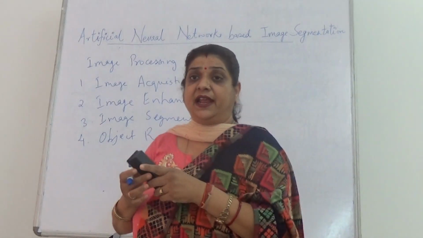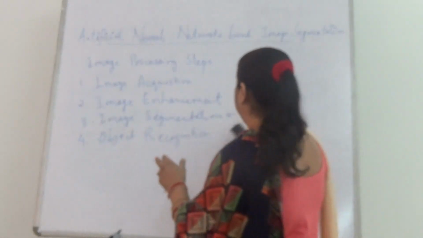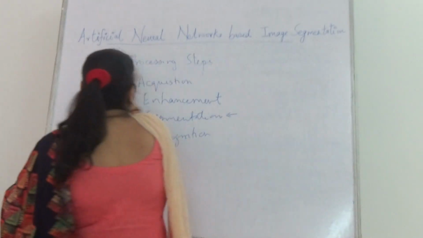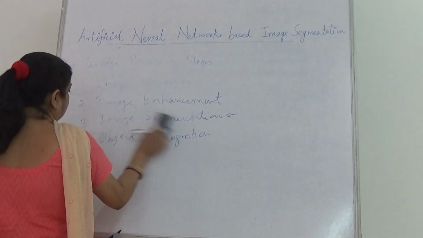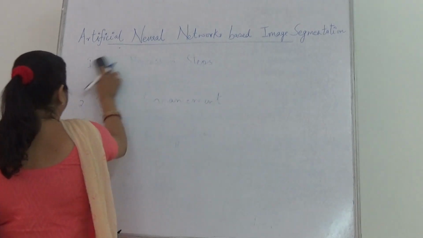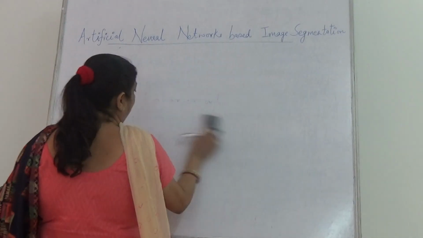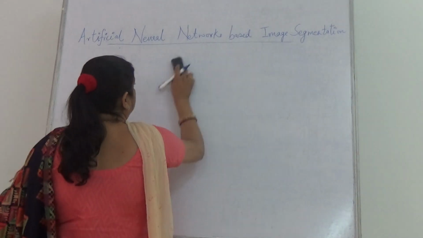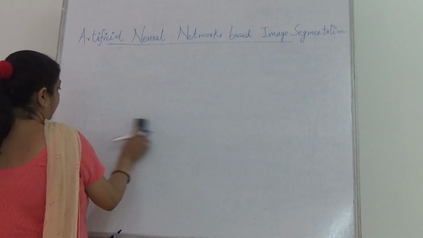So the block diagram we can see here shows how exactly ANN functions. Let me describe it in brief, and then I will explain the actual image segmentation using ANN.